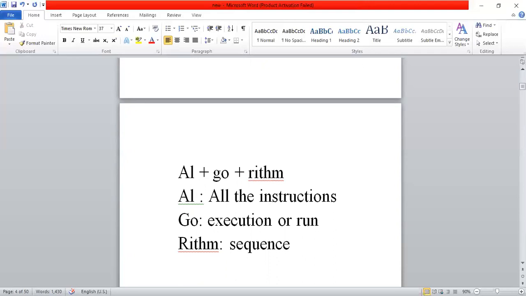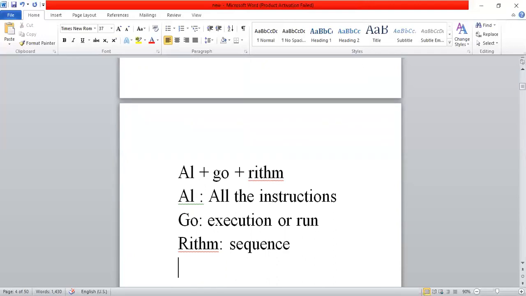We got the definition of an algorithm: all the instructions are executed in a sequential manner. This is the definition of an algorithm. For most words in all languages, we remember the meaning by splitting the word into meaningful subwords. Then only we can remember easily.